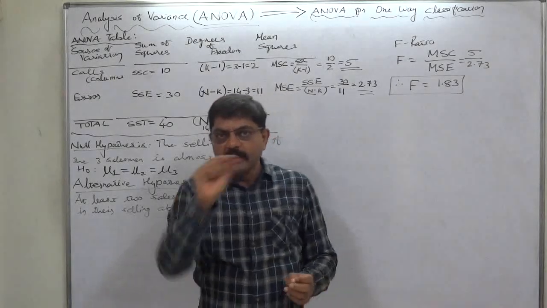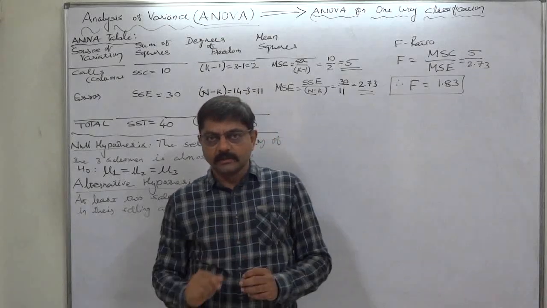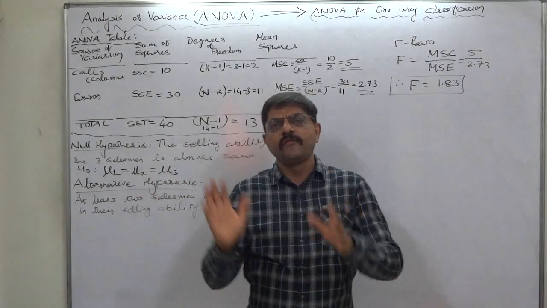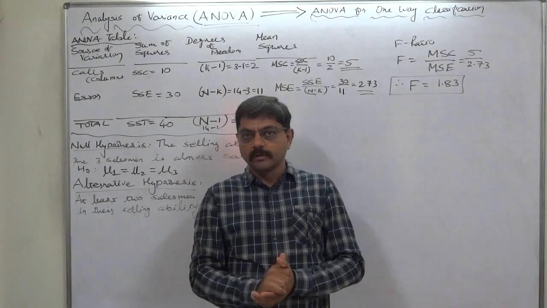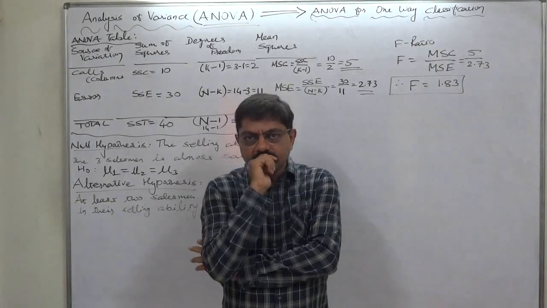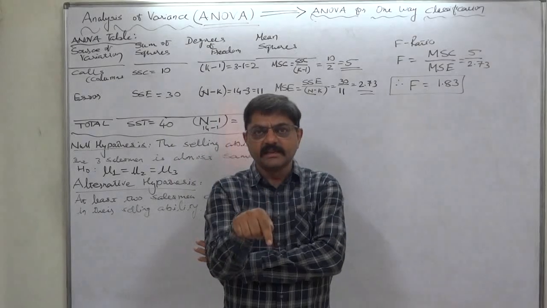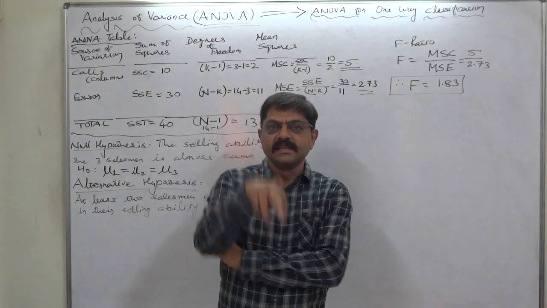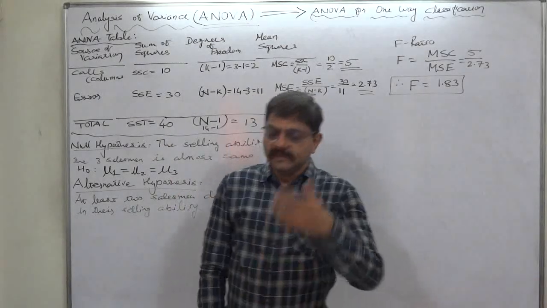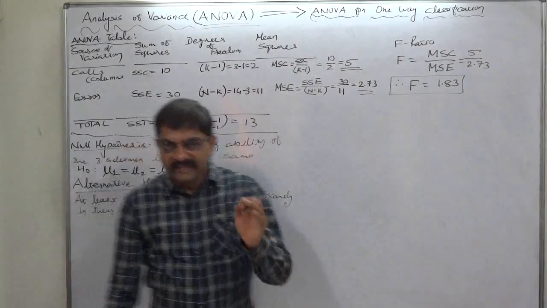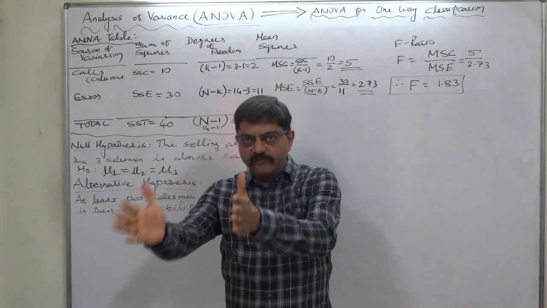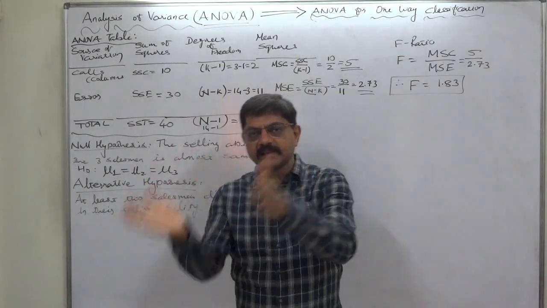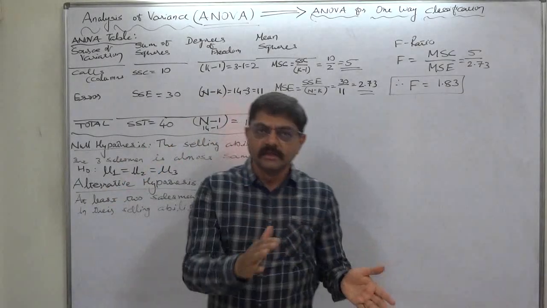So far as one-tailed or two-tailed is concerned, what is the interpretation? Suppose average sales of A and B are not equal. What exactly can be there? Either A's sales are greater than B's sales, or A's sales are less than the sales of B.